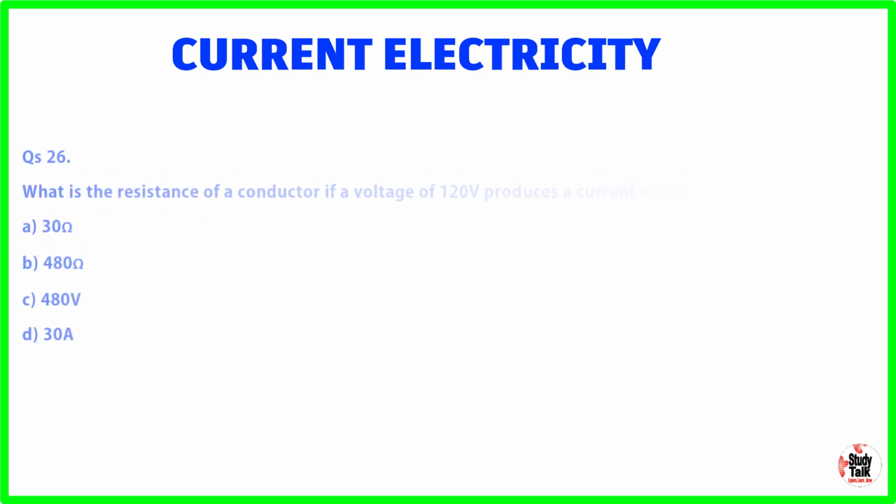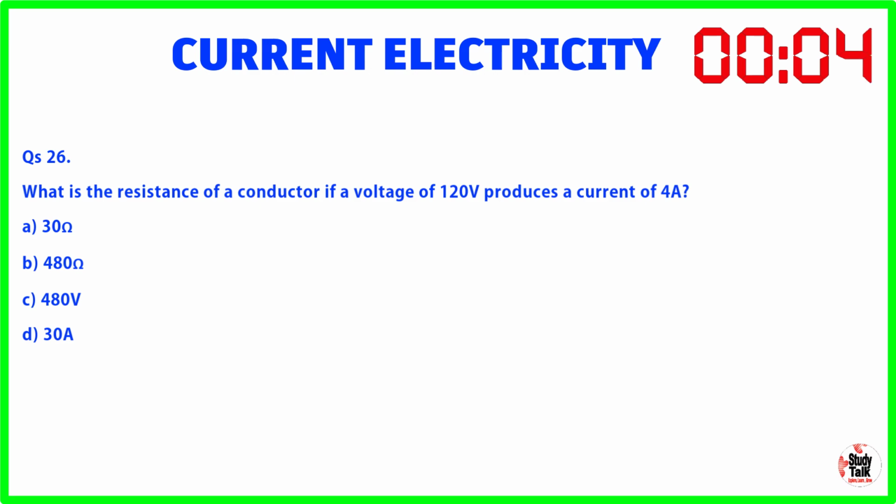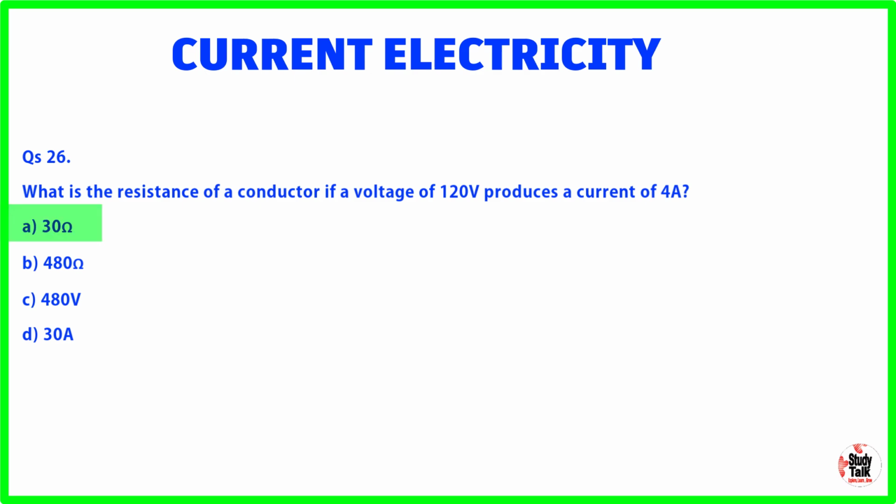What is the resistance of a conductor if a voltage of 120 volt produces a current of 4 ampere? 30 ohms.